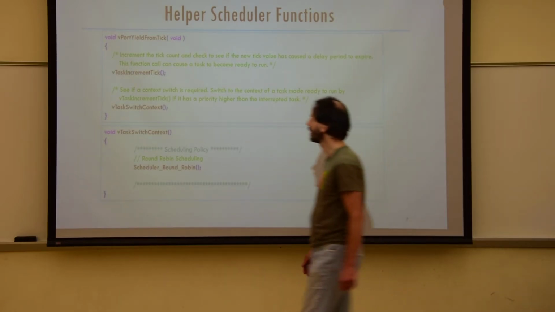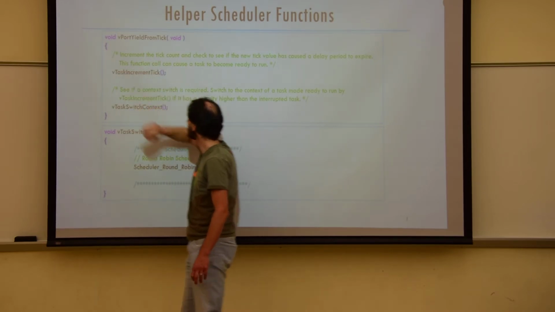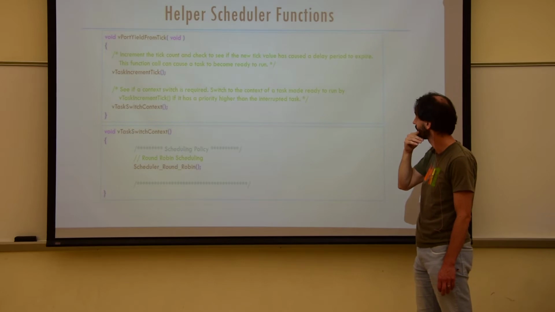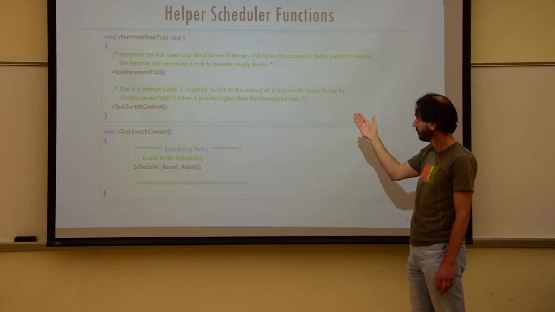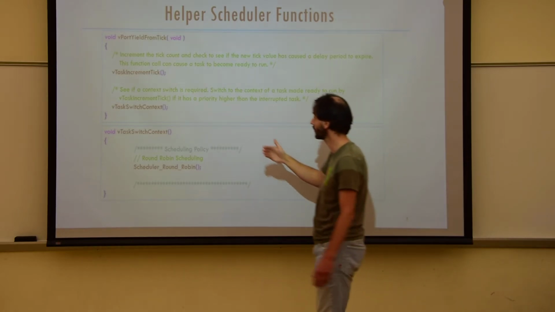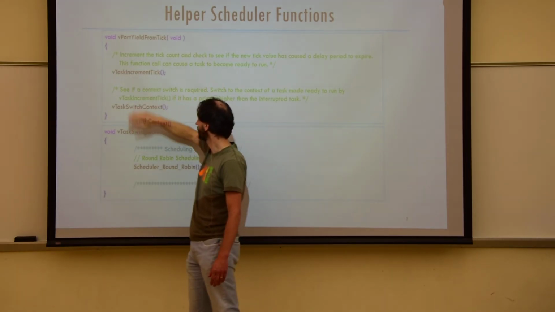So what's going on here? Increment the tick count and check to see if the new tick value has caused a delay period to expire. This function call can cause a task to become ready to run. So you increment the tick.